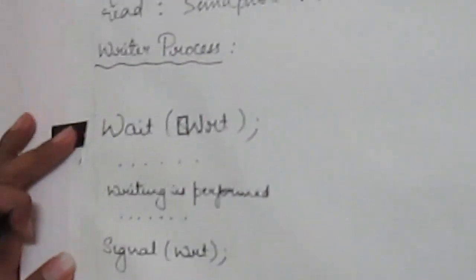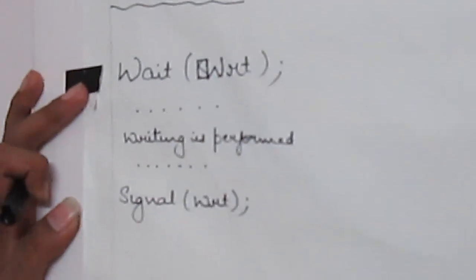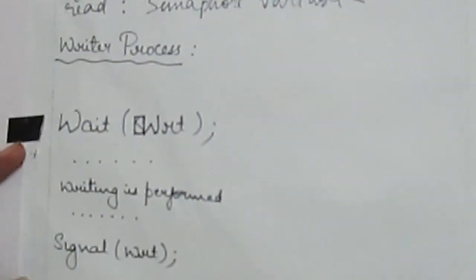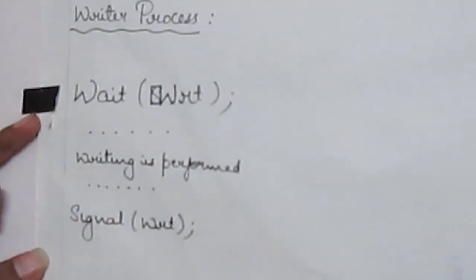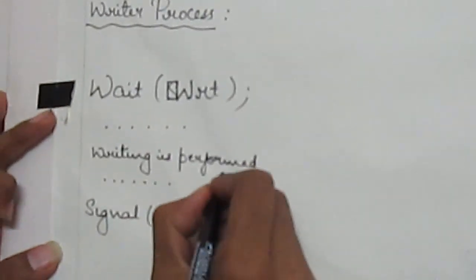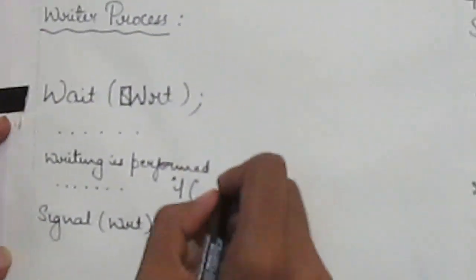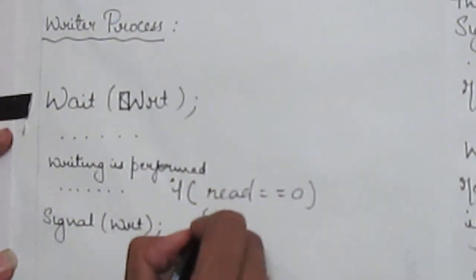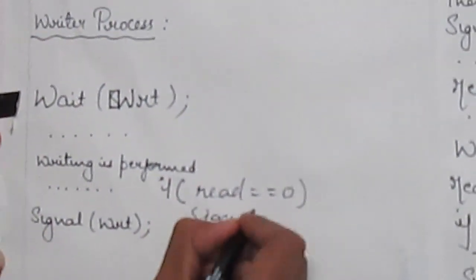Alright, now coming to the writer portion, what modification I have to do here. Once my writer has finished his work, I can put a condition here. If read is equal to 0, then signal read.